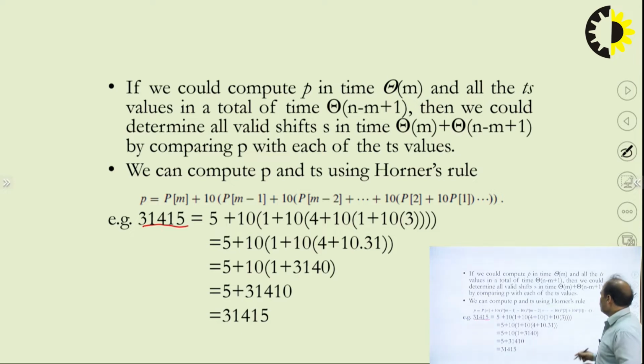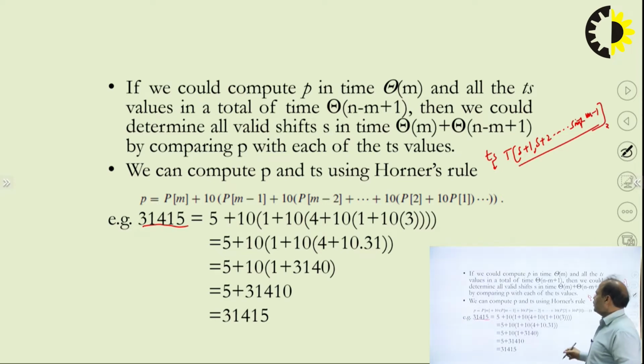If we calculate in TS, this is the integer equivalent of s plus 1, s plus 2, up to s plus m minus 1, s plus m.